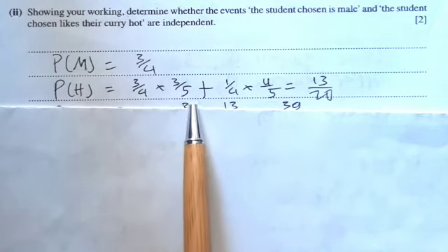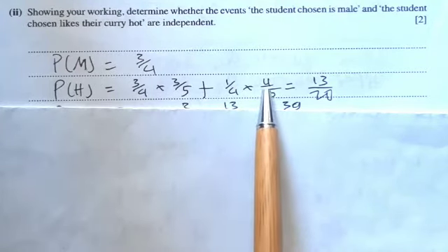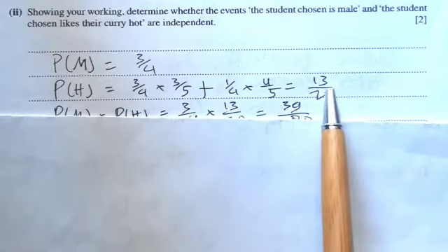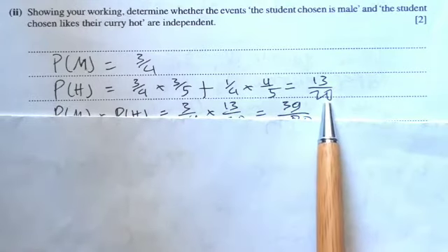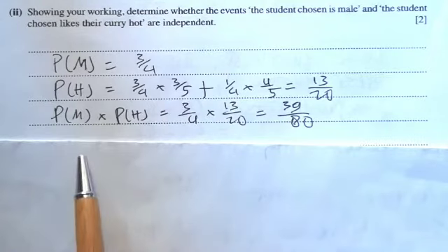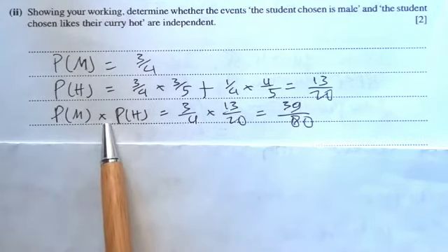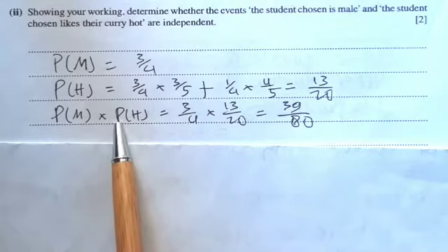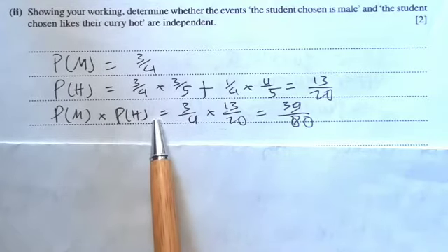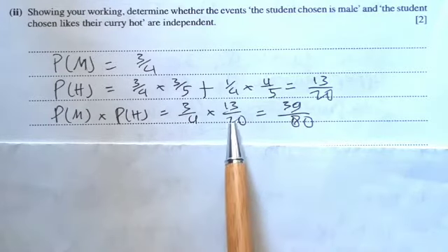That is 3/4 times 3/5 from male, plus from female 1/4 times 4/5, that is 13/20. Thus the probability of male times the probability of hot is 3/4 times 13/20, that is 39/80.